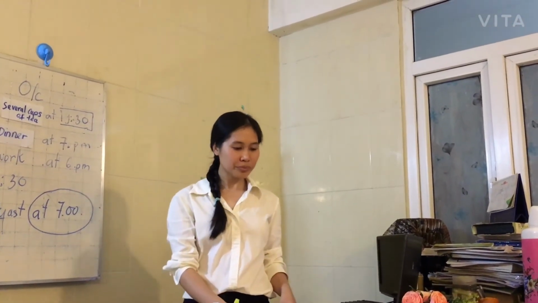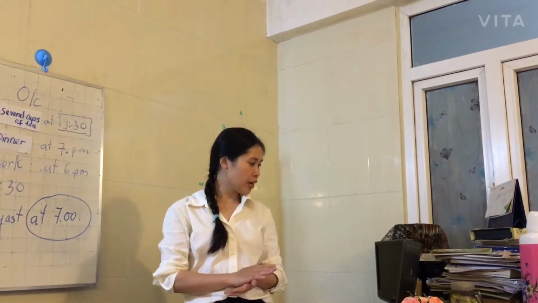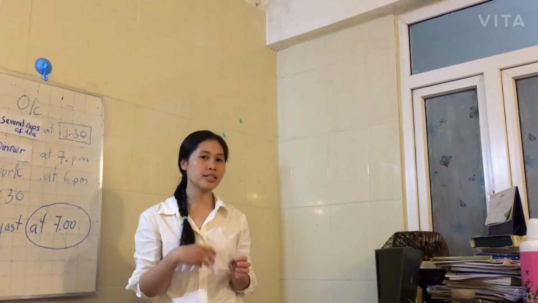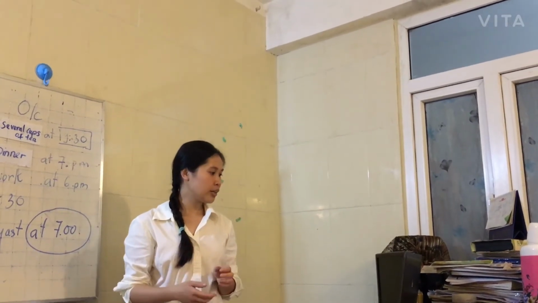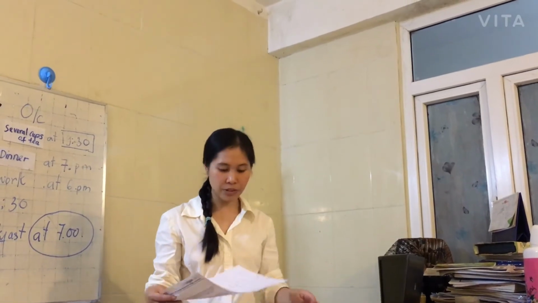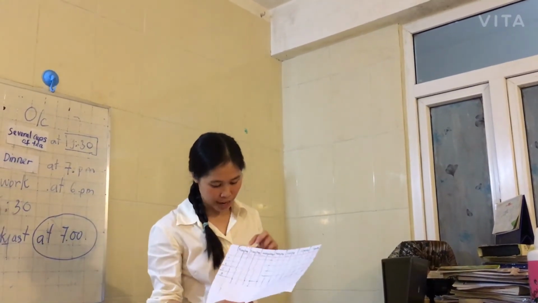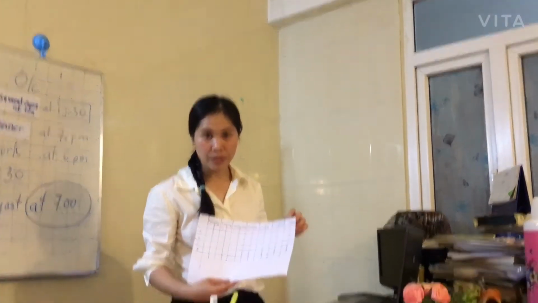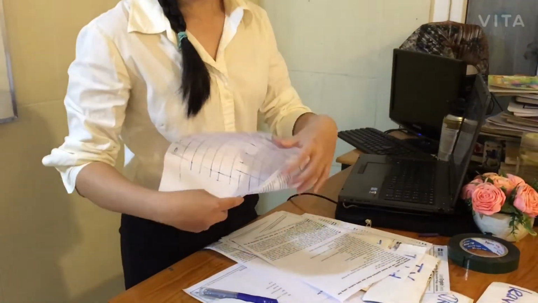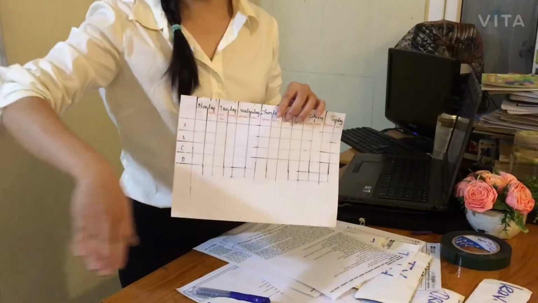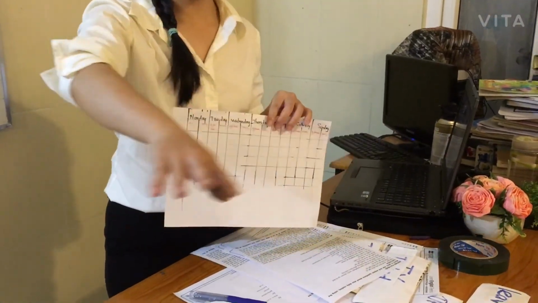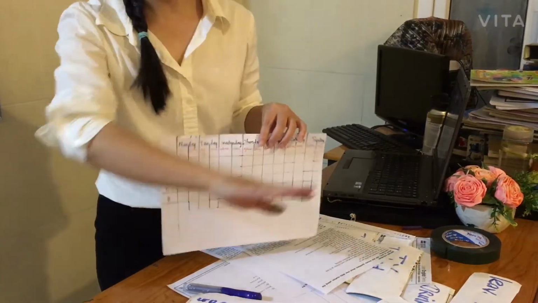And so now I will have the role play. You will talk about your daily or weekly routines, and I have a table here for you. We have the days from Monday to Saturday, and the scene is that you are friends and you meet each other in a coffee shop.